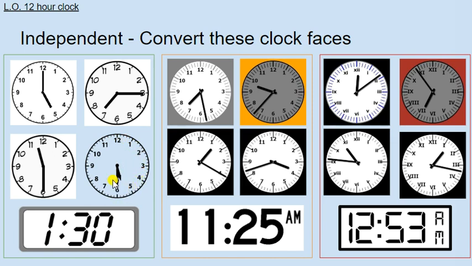How would you show that on a digital clock? And then this one is 1:30. So if we imagine our clock face like this one, where would the hour hand be pointing? Would it be pointing directly at 1 or halfway between? And then where would the minute hand be pointing? Up, down, left, right, whatever.